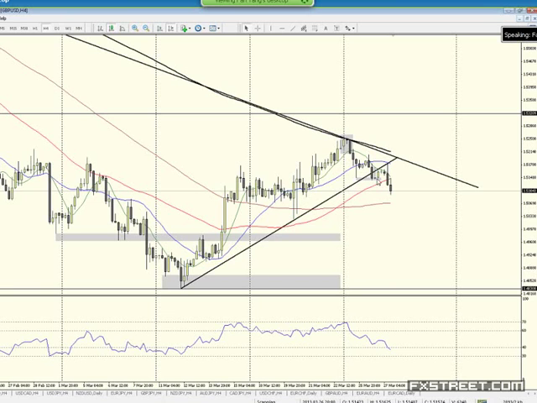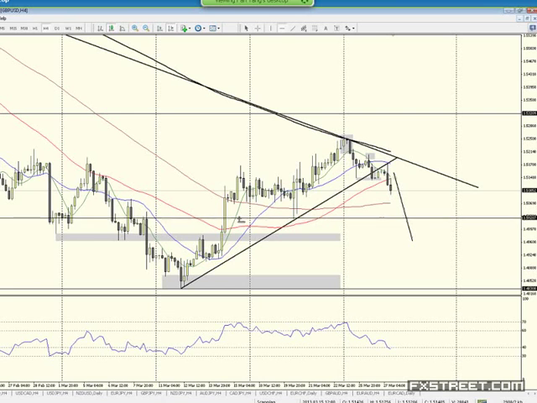So we have a break, and you have to sort of weather some shakeout attempt to the upside. At the break, what I did was put my stop above this high, so it's a pretty wide stop, but my first target is down to this level.